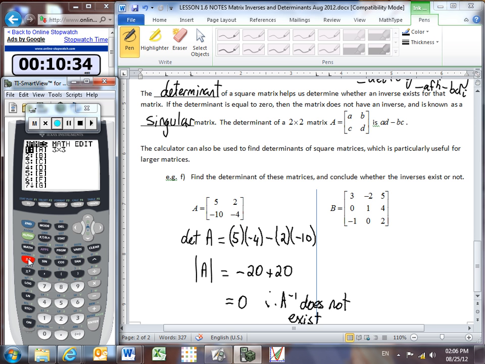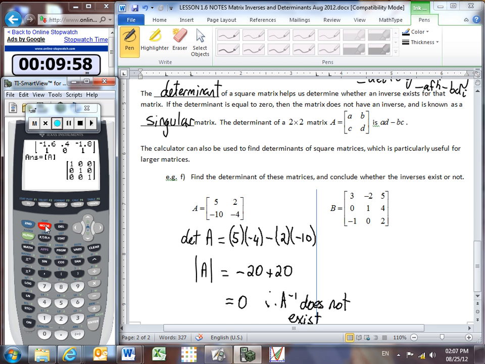I could write over matrix A, but let's create a brand new matrix and edit it, matrix B. It's going to be a 3 by 3 matrix with entries 3, negative 2, 5, and then 0, 1, 4, and then negative 1, 0, 2. Press enter after the last entry to ensure it has been recorded. And now I'm going to quit.